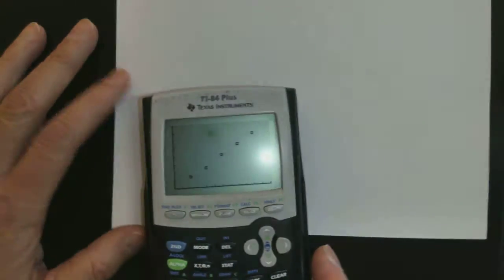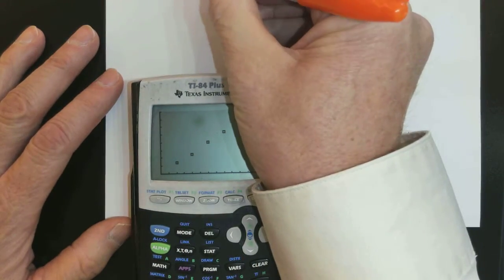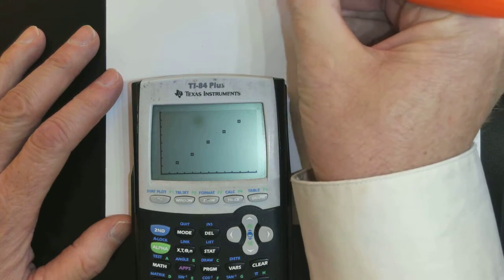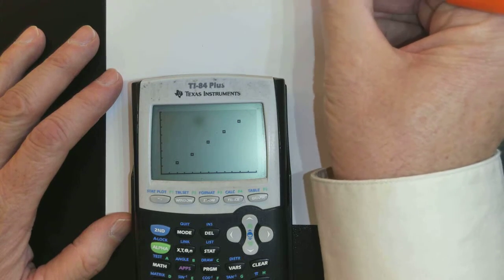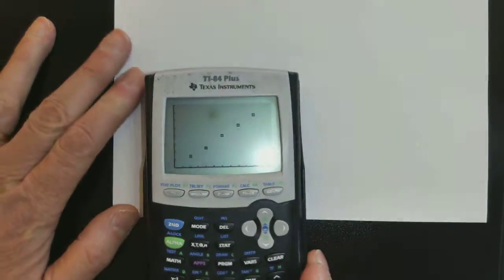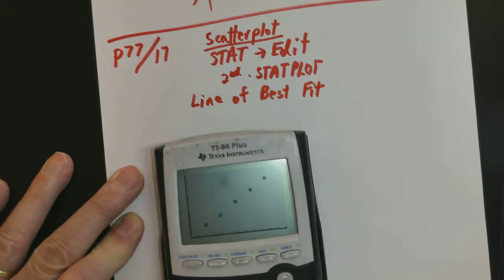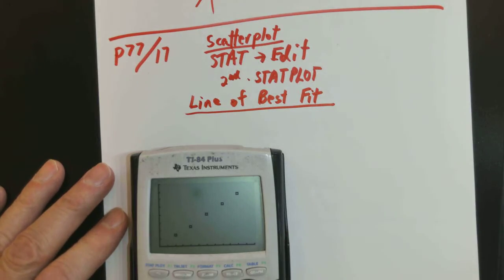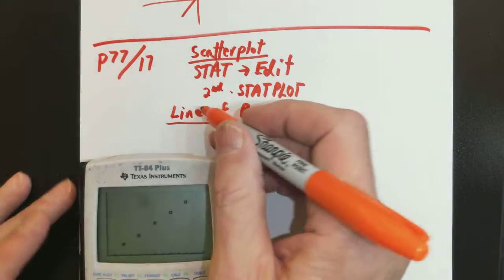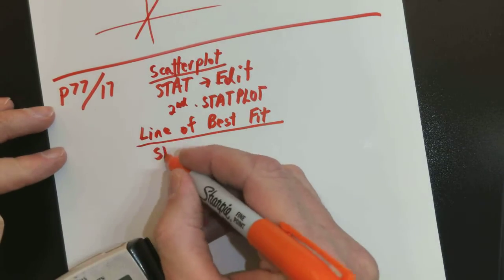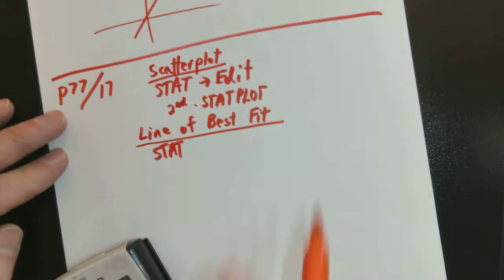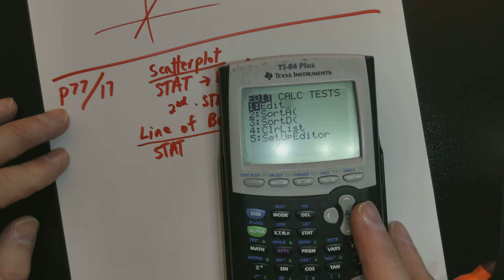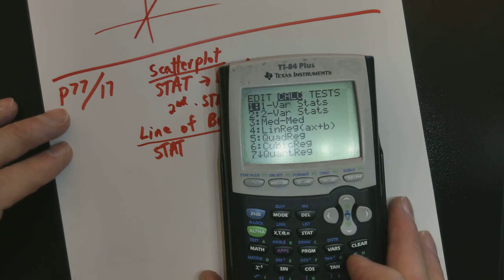Now, for the line of best fit, I want you to go to Stat. Go over to Calc.